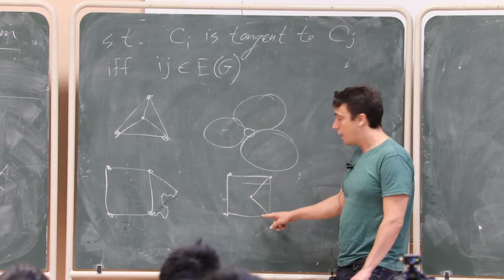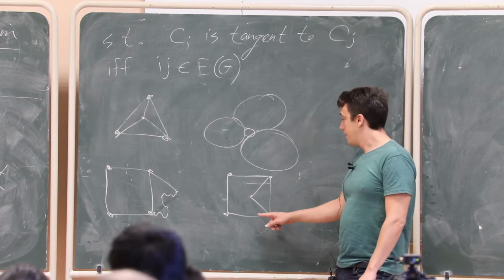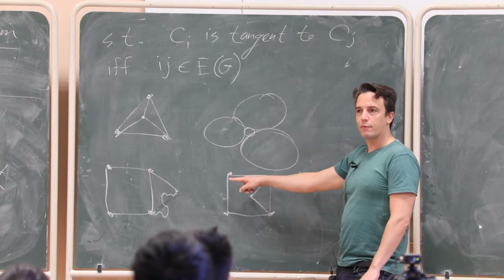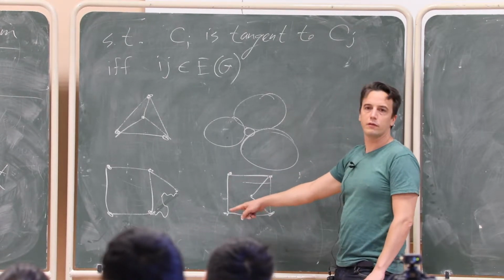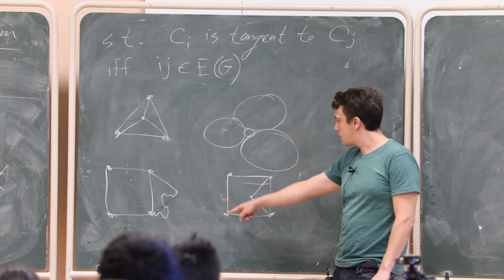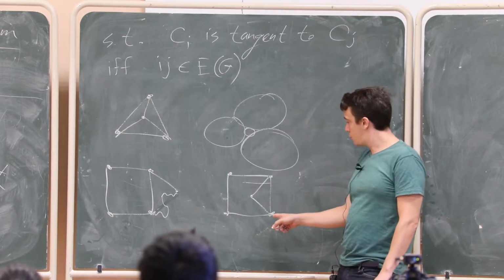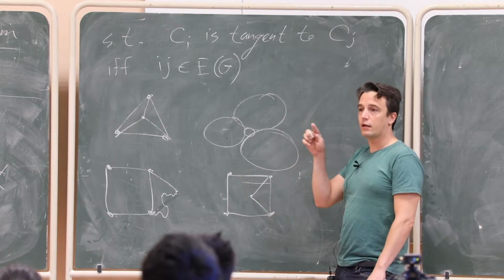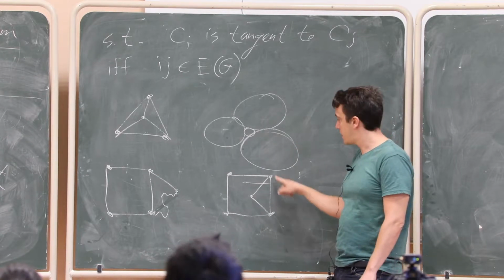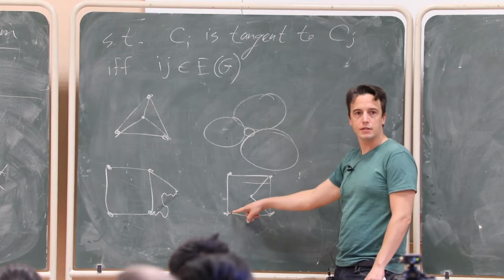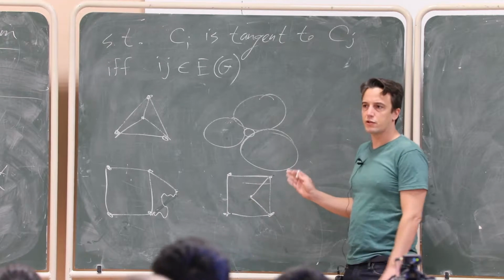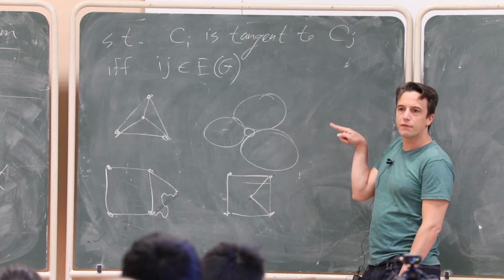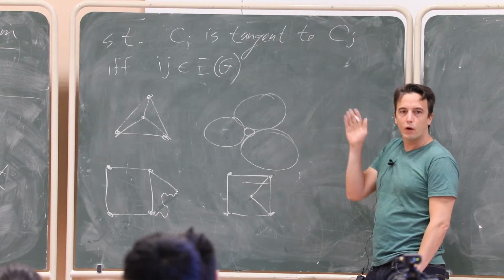The way to think about it is, the combinatorial information that I have is the set of vertices and the set of edges, and for each vertex I have a cyclic ordering of its neighbors, or of the edges that touch it. And the cyclic order of the edges determines the correct drawing.